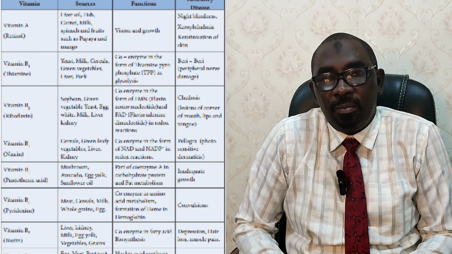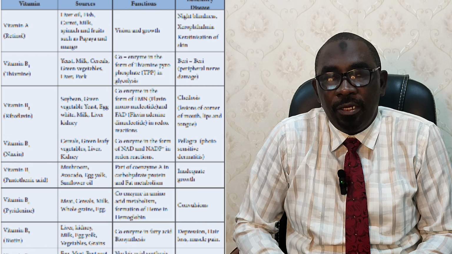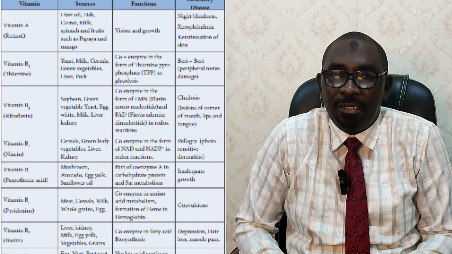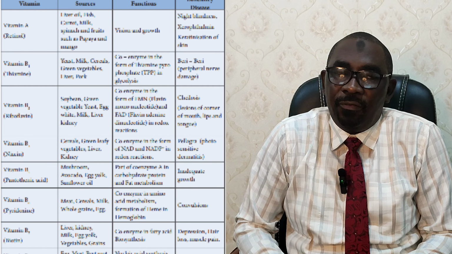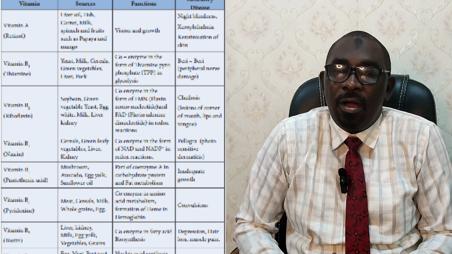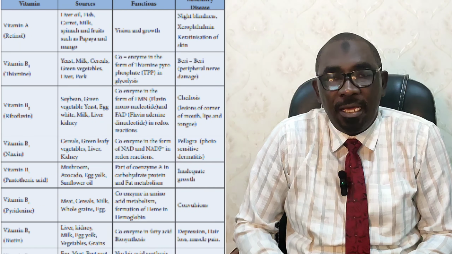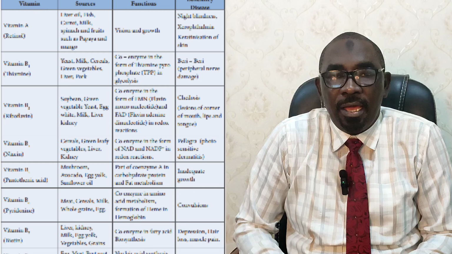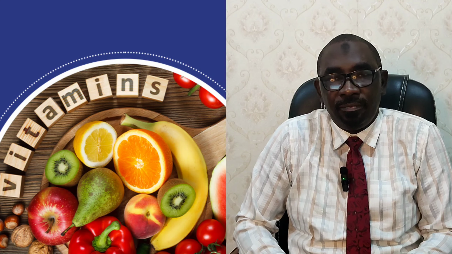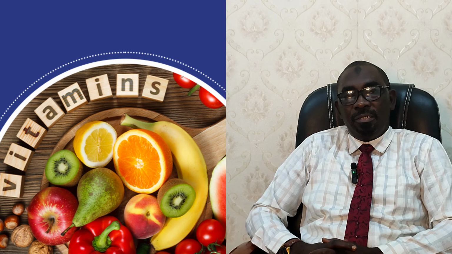Today we are going to be talking about vitamins, and we need to define what vitamins are. Vitamins are small organic compounds that are required in small quantities by the body.